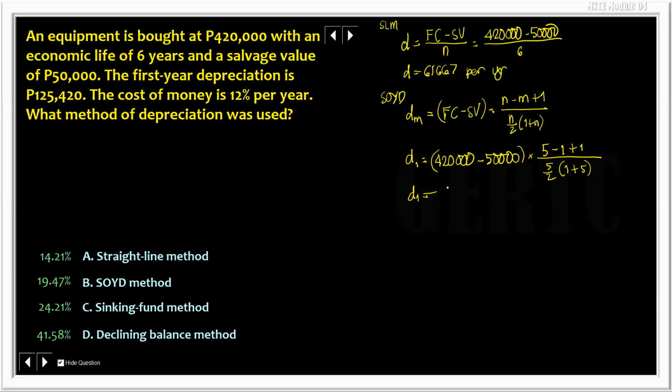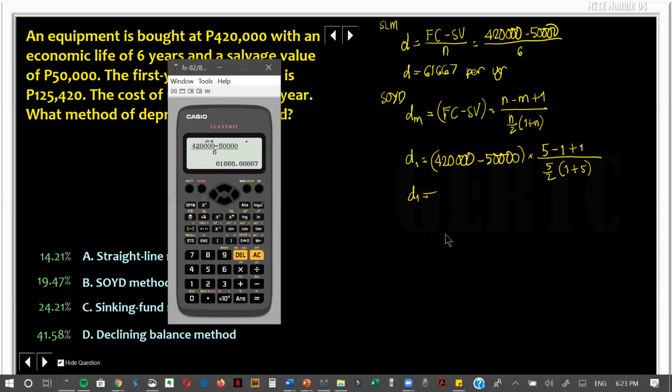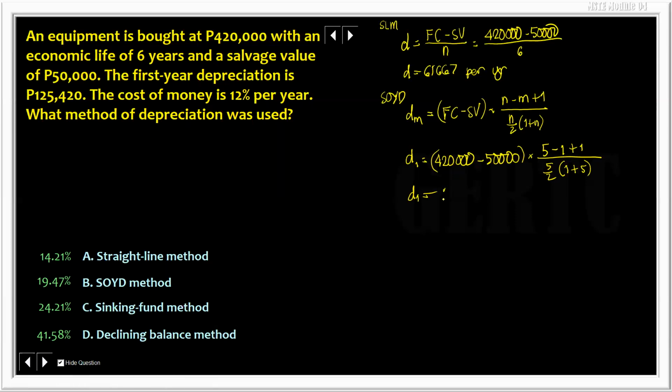That is 420 minus 50 times 6 minus 1 plus 1 all over 6 over 2 times 1 plus 6. That is equal to 123,333. That is the depreciation during the first year.